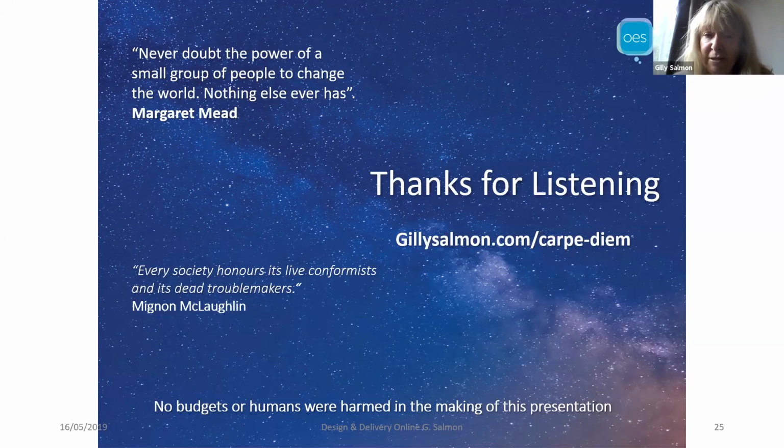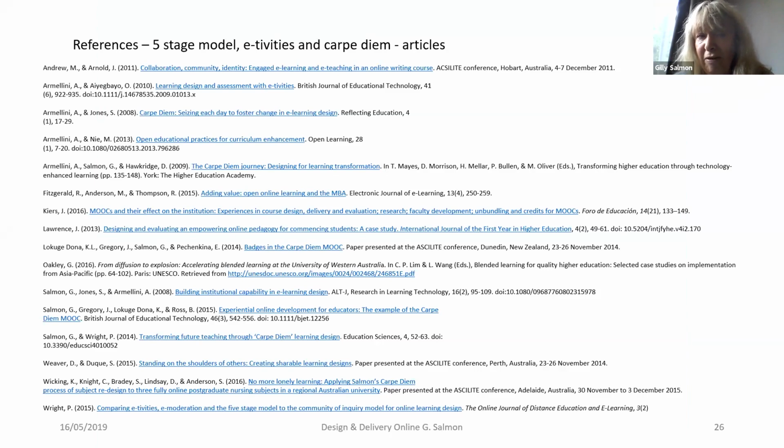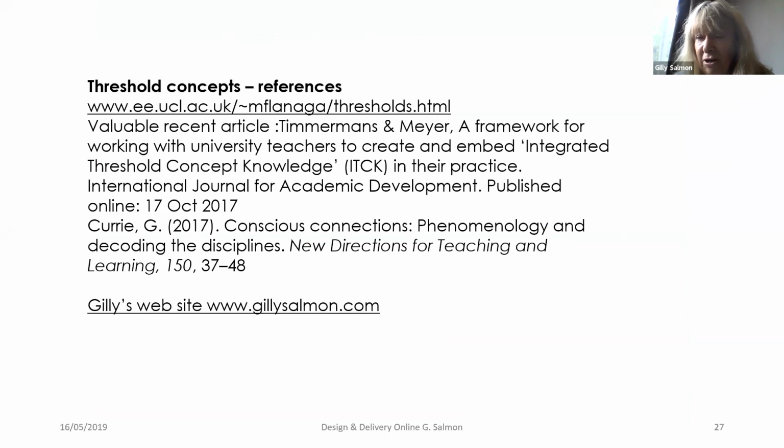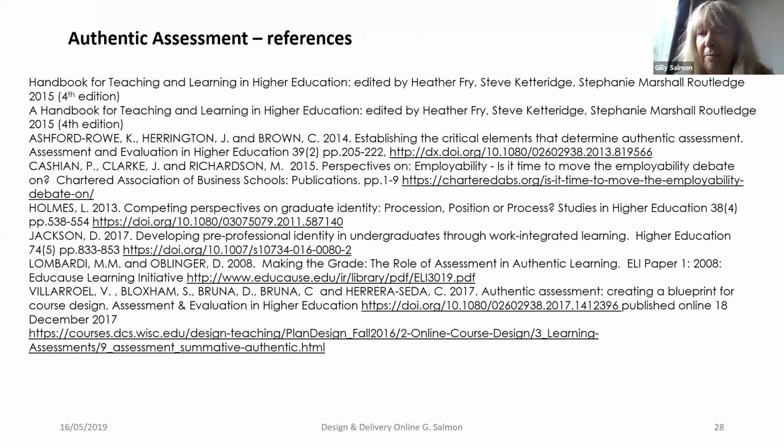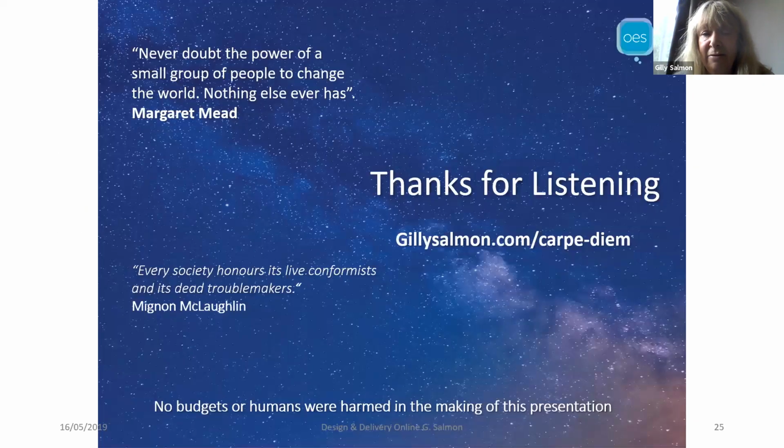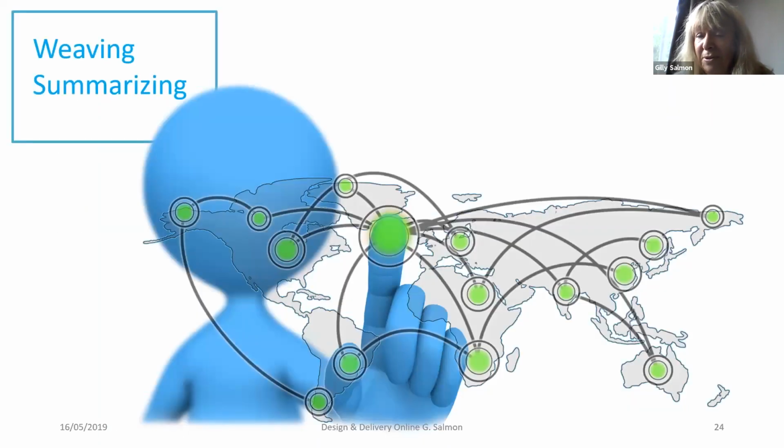It will make a difference. But I have also put all the references to the 5-stage model and e-tivities, about threshold concepts, and about authentic assessment. So I'm going to go back now and stop so that I can answer questions.